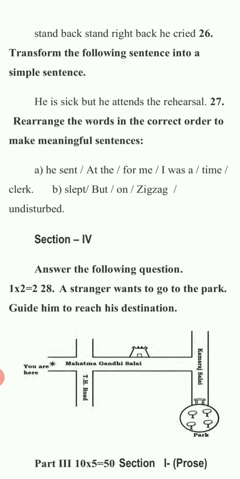At the time he sent for me, I was a clerk. Next: slept, but, on, zigzag, undisturbed. Can you say? But zigzag slept on undisturbed. Okay children, this is Section 3.